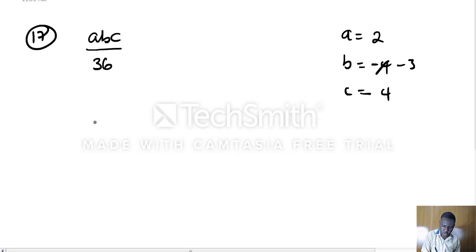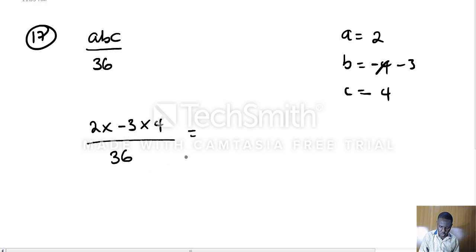So when you substitute, it's going to be 2 times minus 3 times 4 divided by 36, and this is equal to 2 times minus 3, that will be minus 6 times 4, divided by 36.